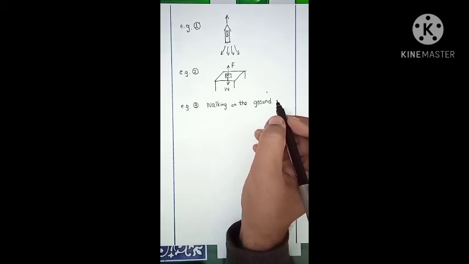This is called action. But this force cannot produce acceleration. In return, the ground exerts a force on us forward. This force is called the reaction of the ground. Due to this reactionary force, we move forward.